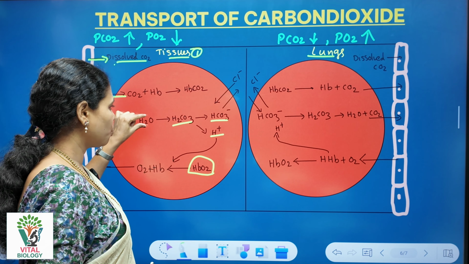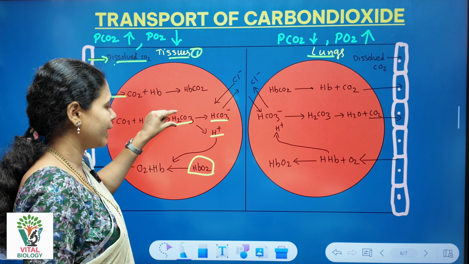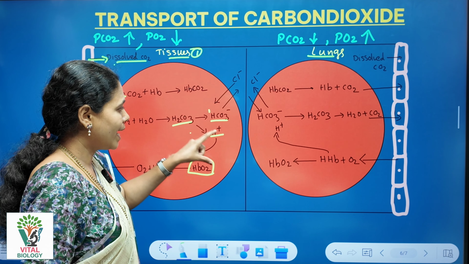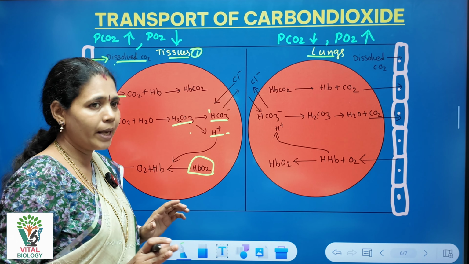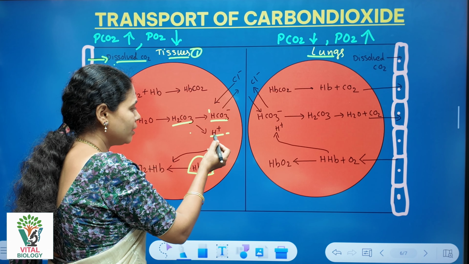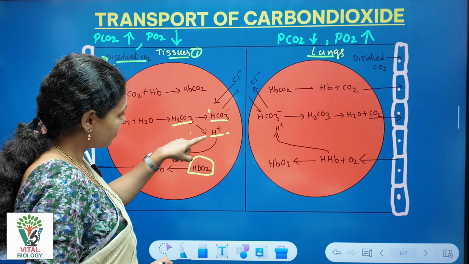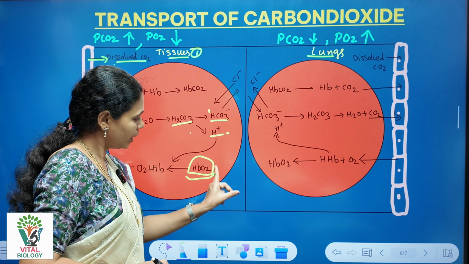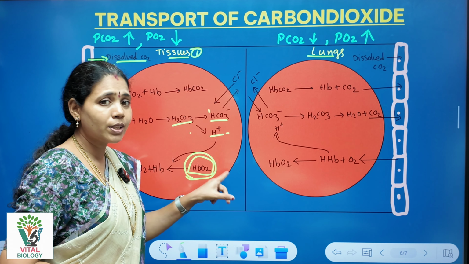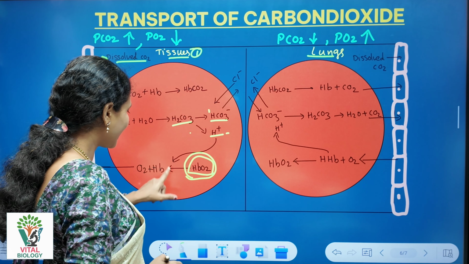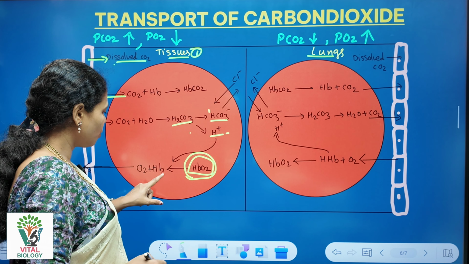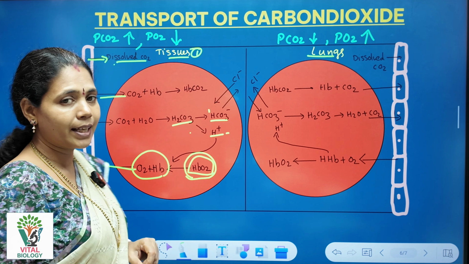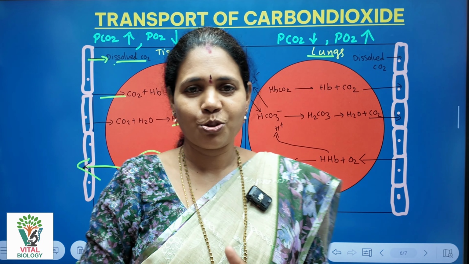Once again, carbon dioxide binding with water results in formation of carbonic acid, which further dissociates to bicarbonate ions and hydrogen ions. Now, these hydrogen ions will go and bind to the hemoglobin of the oxyhemoglobin compound. As a result, the oxyhemoglobin dissociates and releases the oxygen so that the oxygen can be supplied to the tissues.